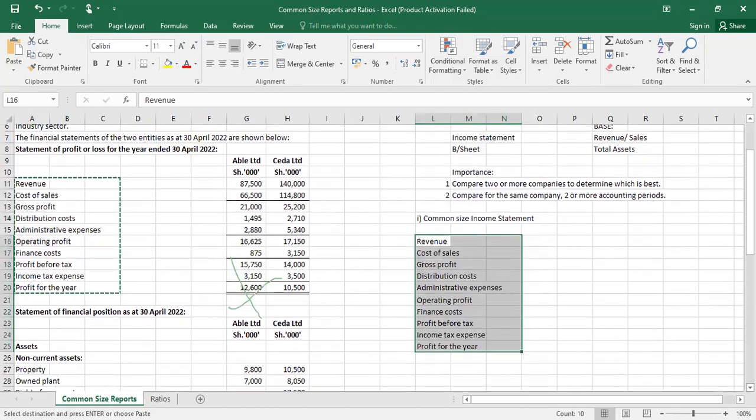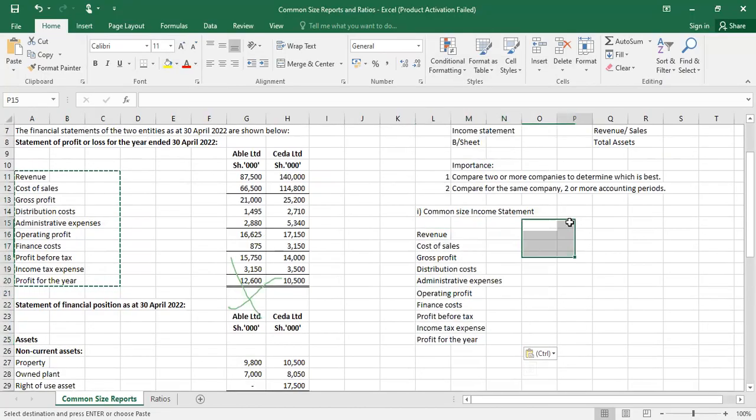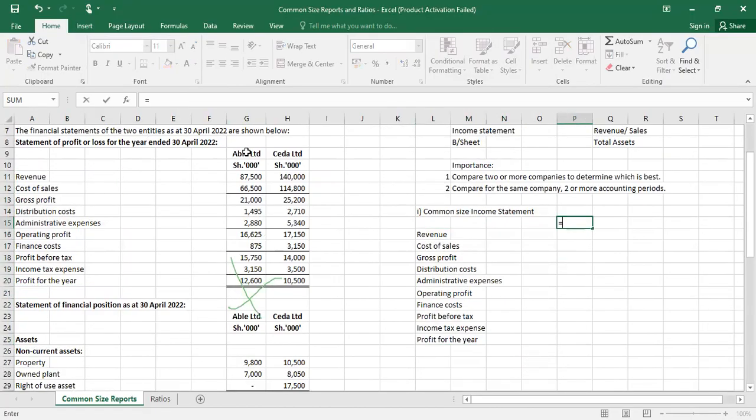And then what has the question given us? We have the first company Able, so I'll compute the percentages for Able. The percentages are what we are looking for. And then I'll have the second company Cedar. Again, for Cedar, I'll compute the percentages.